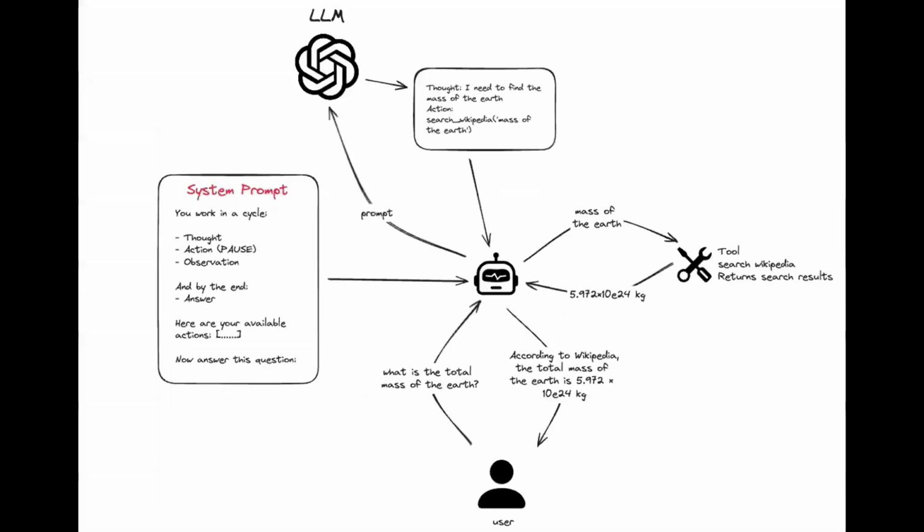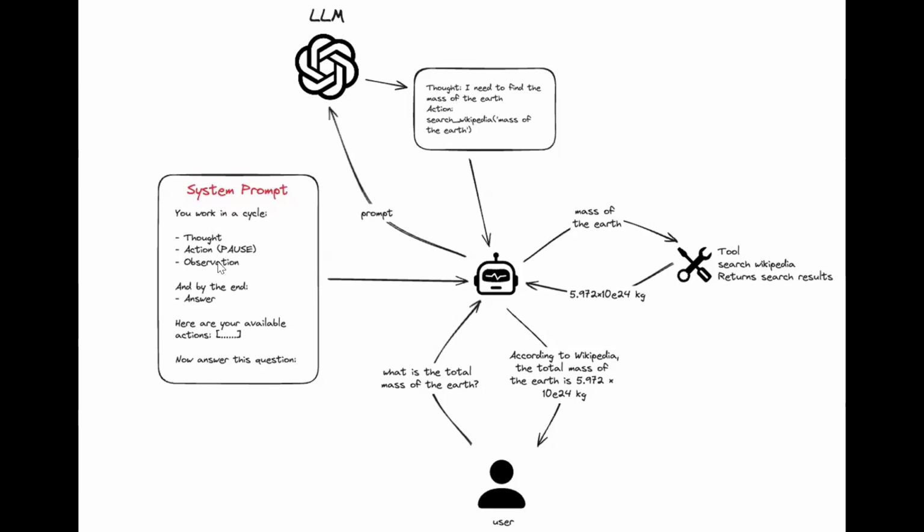Let's take an example. Let's say as a user, I'm asking a question: what is the total mass of the earth? If I ask this question, and if I design my prompt, first of all, in order to build such agents, we need to design our application. And the most important part is how you build your system prompt. In the system prompt, I will say you work in a cycle or a loop, and the cycle is thought, action, and observation.